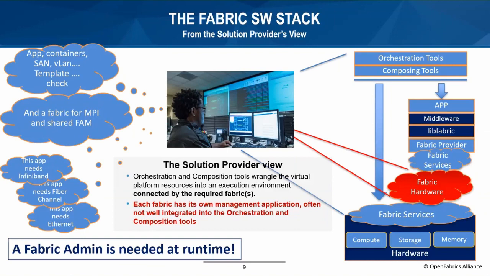But orchestration and composition tools are getting quite good at configuring compute, storage, and memory resources on individual servers. However, when multiple servers or remote storage need to be connected, most tools can only automate the configuration of an Ethernet fabric to do so. Other fabrics may require manual configuration. Next slide, please.